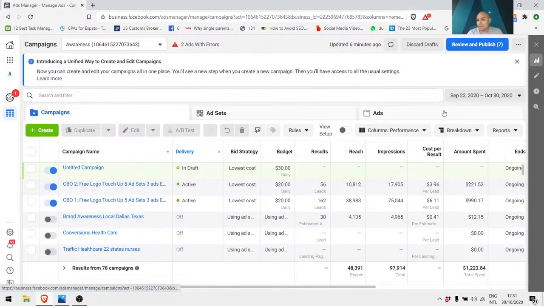We started this campaign on September 22nd, and today is October 30th. And the numbers here, we have 56 leads from the second CBO campaign that's running, and 162 from the CBO one, which you can see here, right? So one here and two here. That's put us at a combined total of 218 leads.